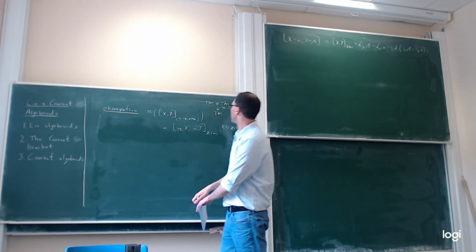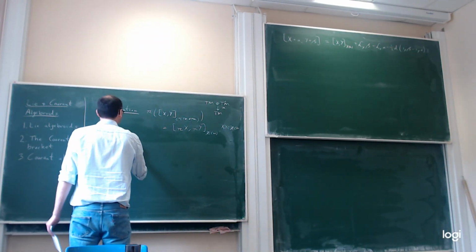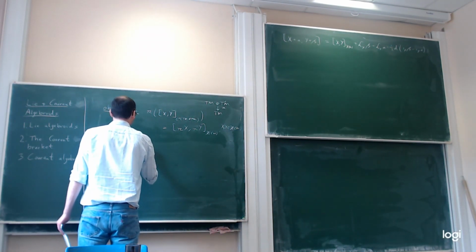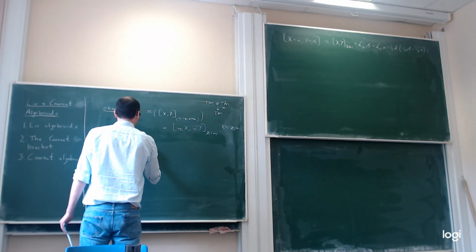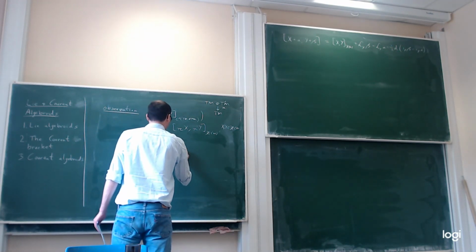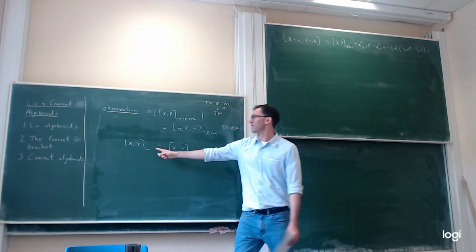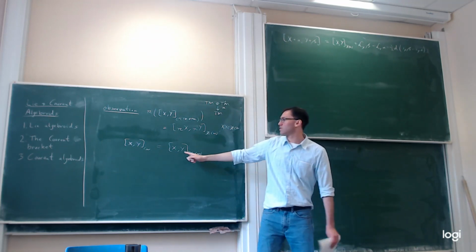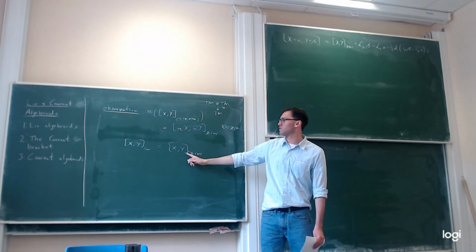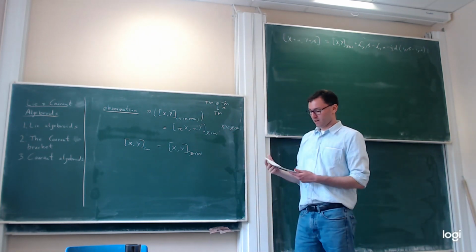Okay, so maybe this is super formal. Fine. You're right. I'm gonna write it this way: the Courant bracket of x and y is equal to the canonical Lie bracket of x and y. That's better. Okay. This is clever.